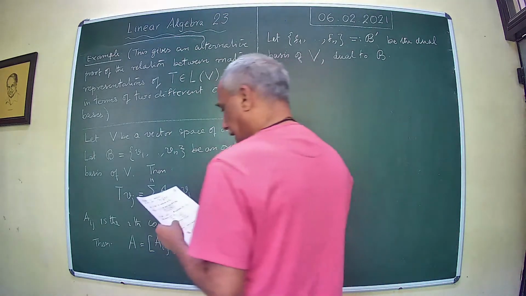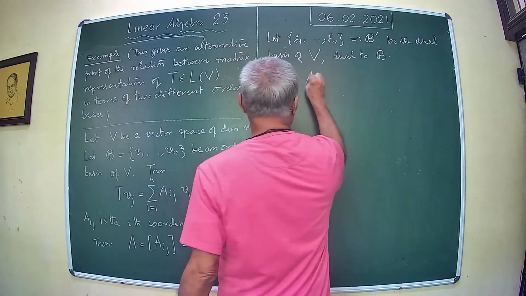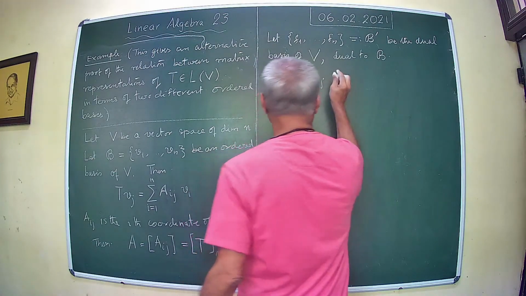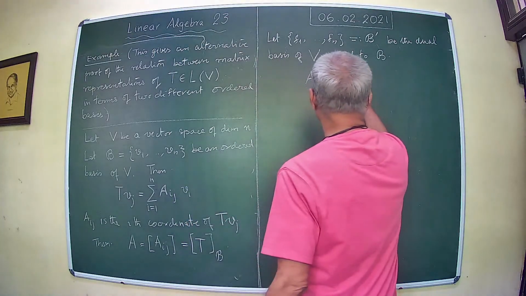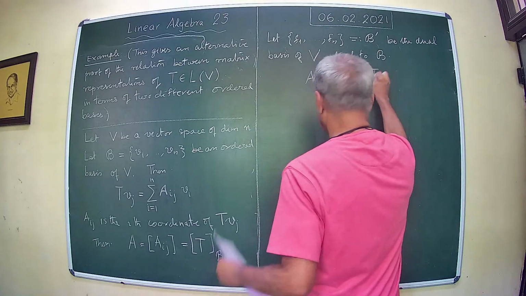Then what you have is this: Aij is essentially equal to Fi of T Vj.